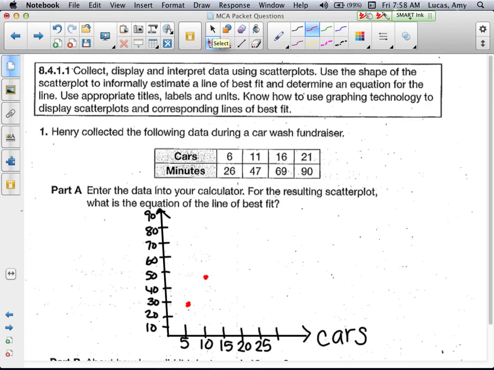So I'm just graphing these ordered pairs. And they look pretty linear. So when I draw my line of best fit, I'm going to adjust it a little bit to make sure that it's a good representation.